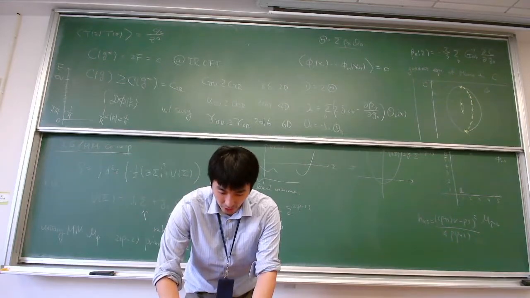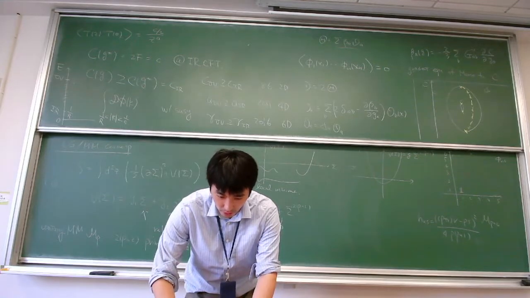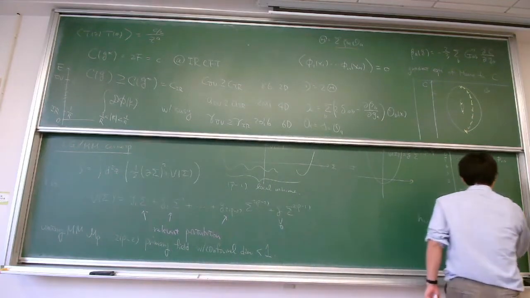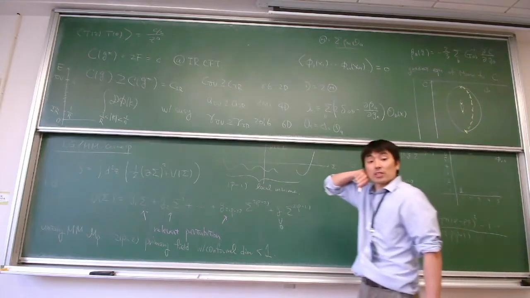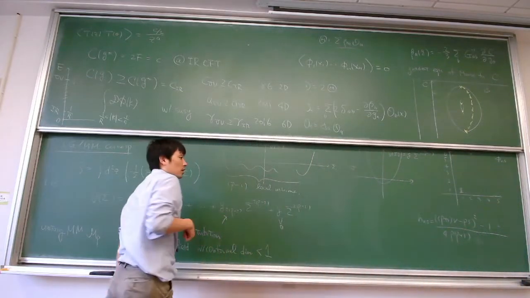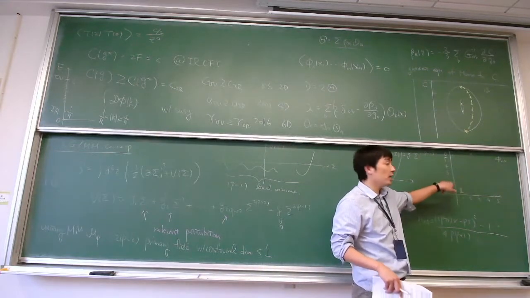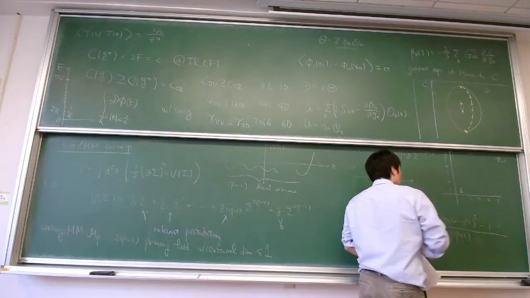I didn't print out that part. Conformal dimension of the minimal model. Yeah, minus 1. Okay, so this is the conformal dimension of the primary field phi r,s in the minimal model M_p.